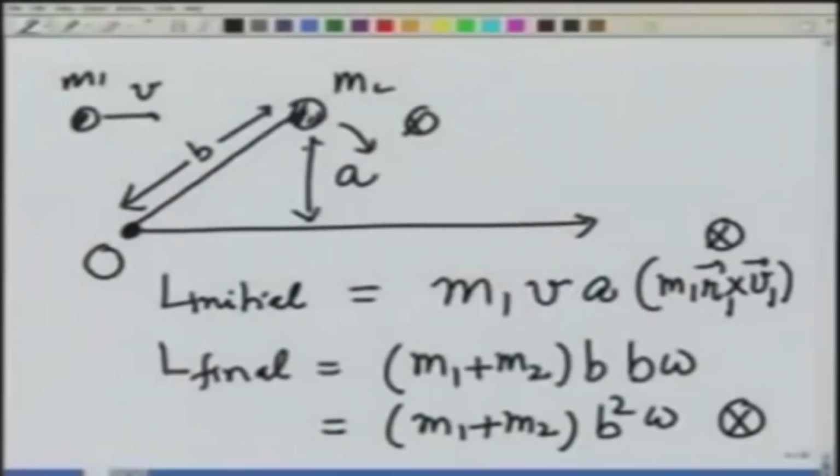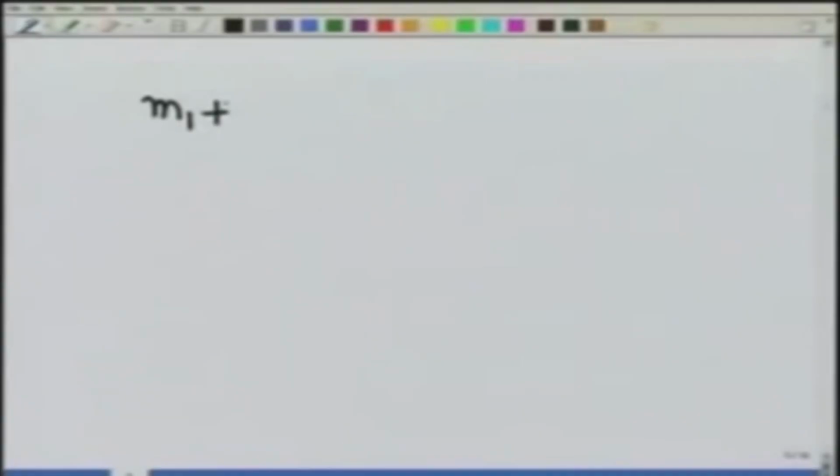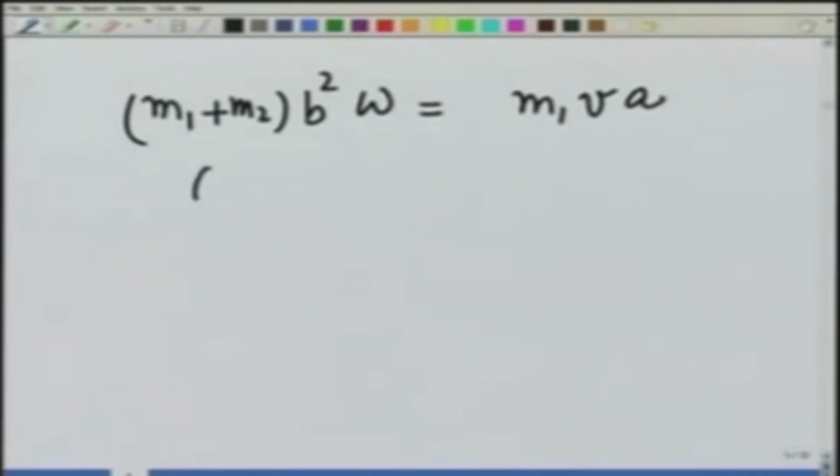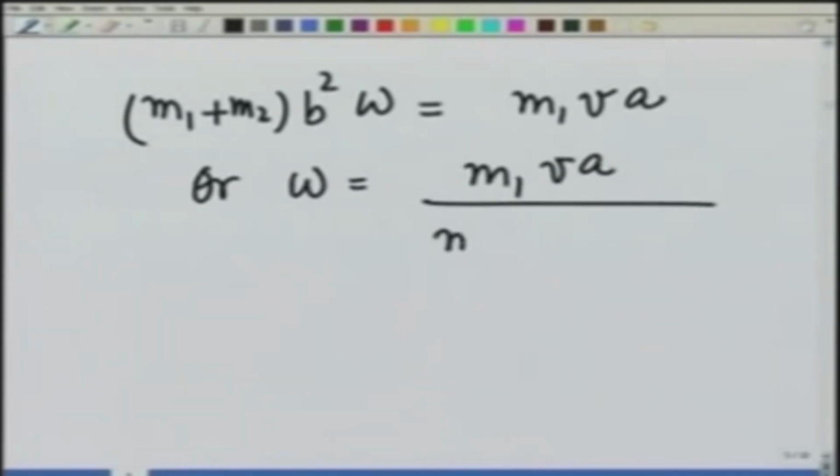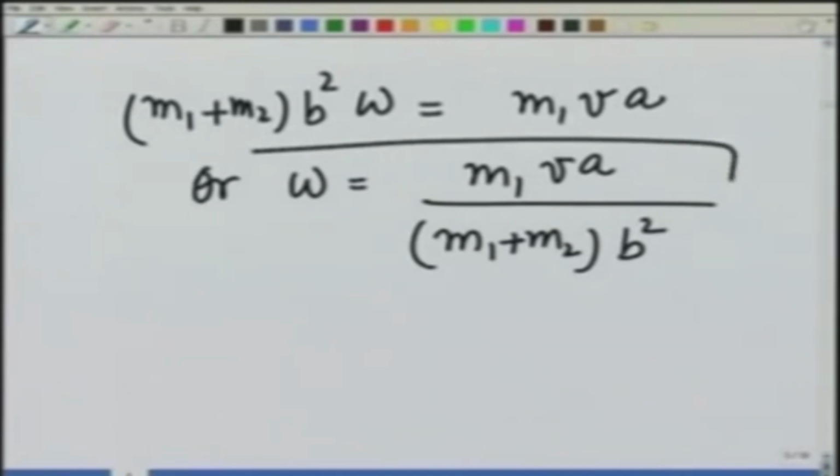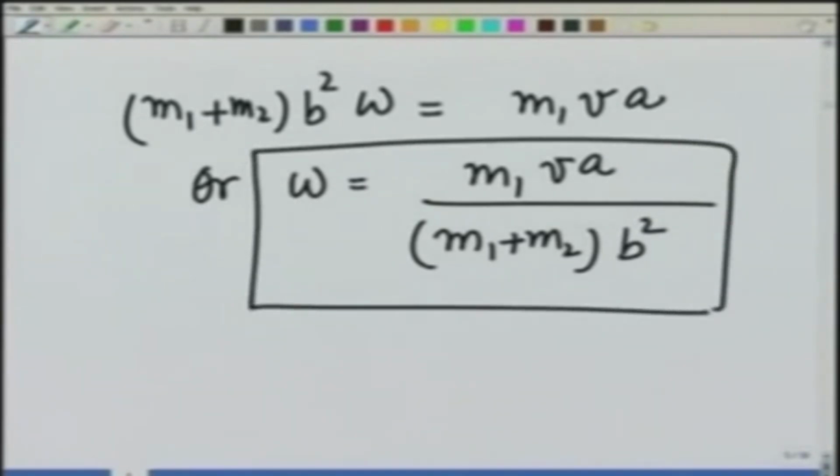Equating the two, because tau external is 0, L final and L initial must be the same, and therefore, I should have (m1 plus m2) b square omega equal to m1 v a, or omega equals m1 v a divided by (m1 plus m2) times b square, and that is my answer, which I obtained from the conservation of angular momentum.